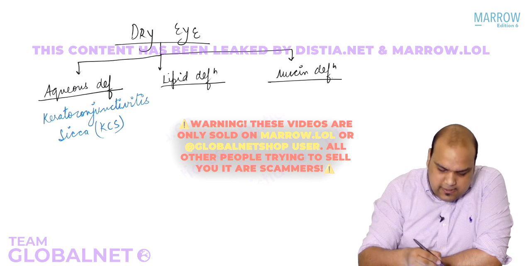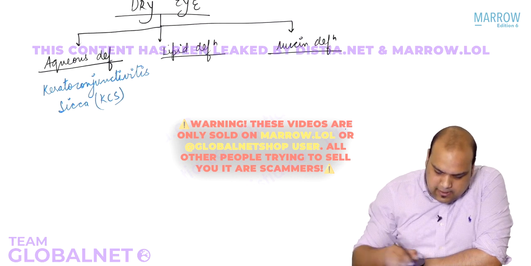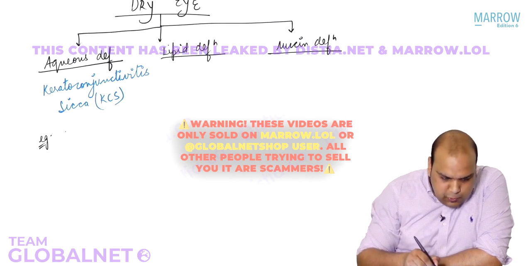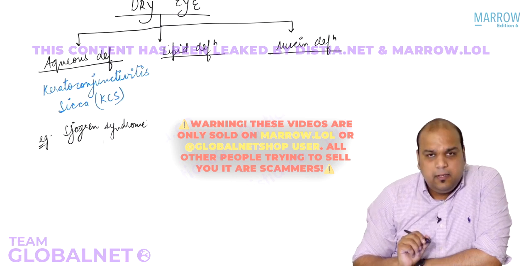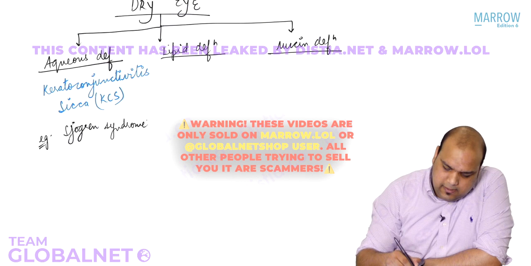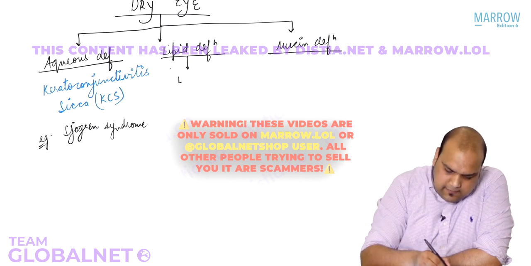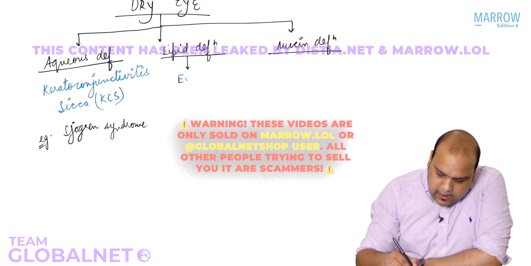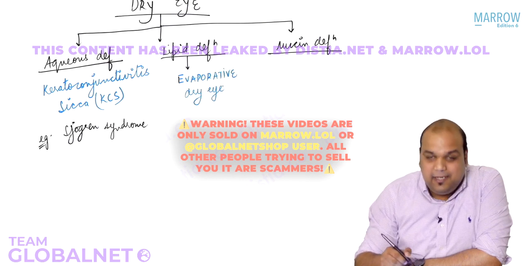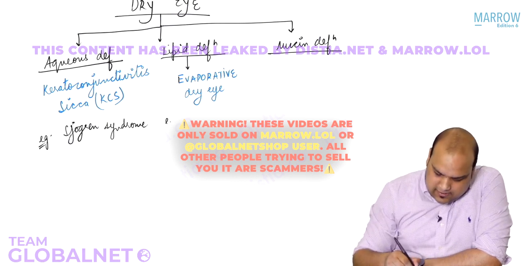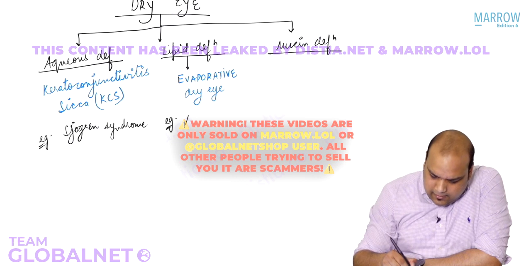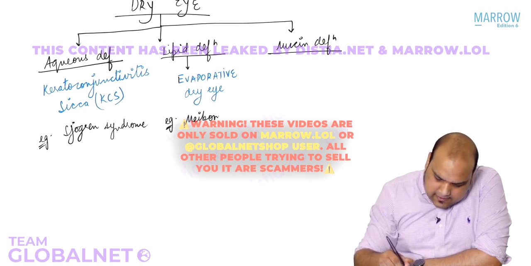Three layers, three deficiencies. Aqueous deficiency, if I give you an example, the usual cause is Sjogren syndrome. Okay? Then lipid deficiency is known as evaporative dry eye. I hope you understand why, guys. Because if the lipids are deficient, the aqueous will evaporate. The examples for this are meibomian gland disease.